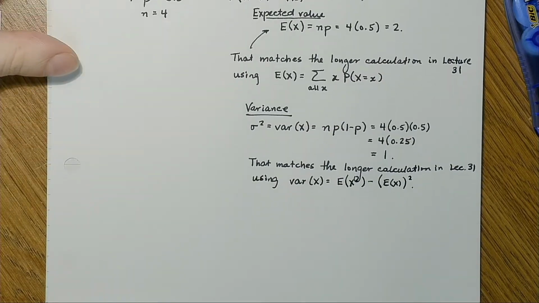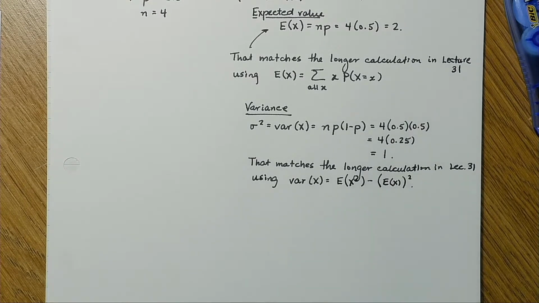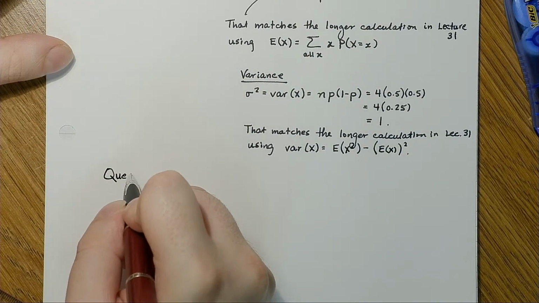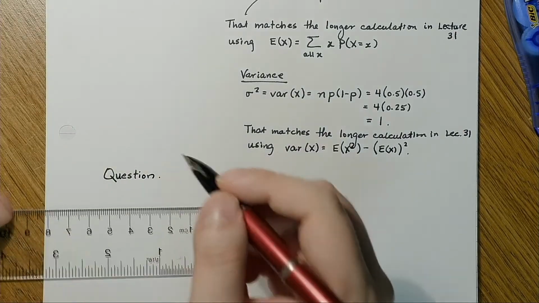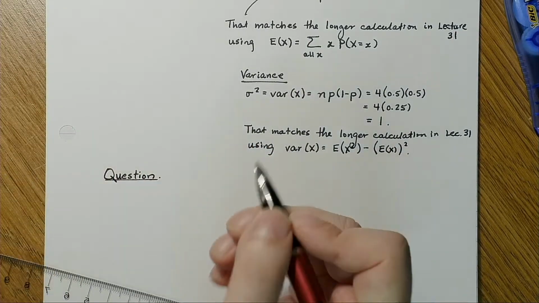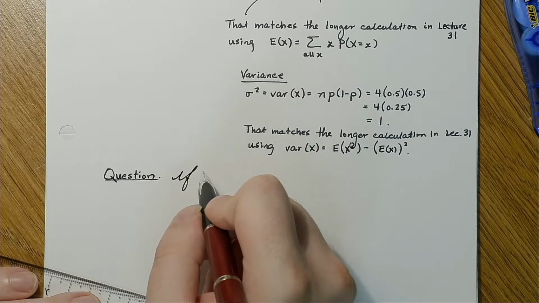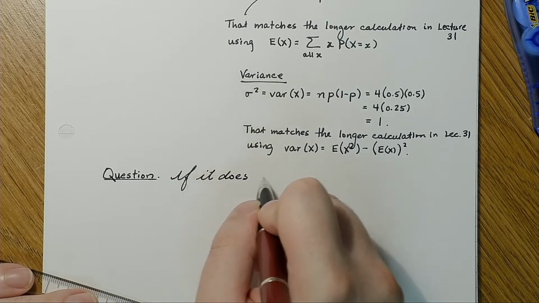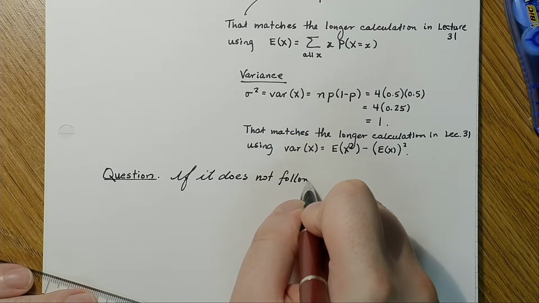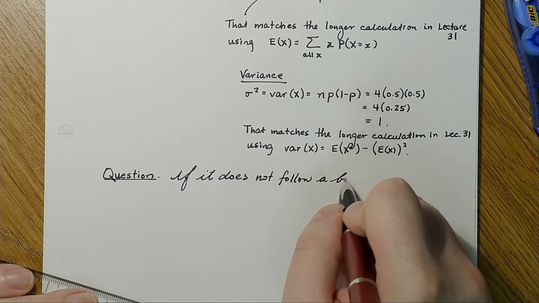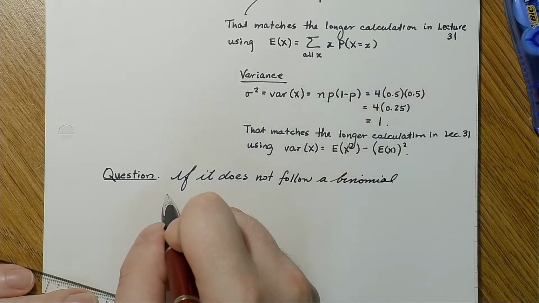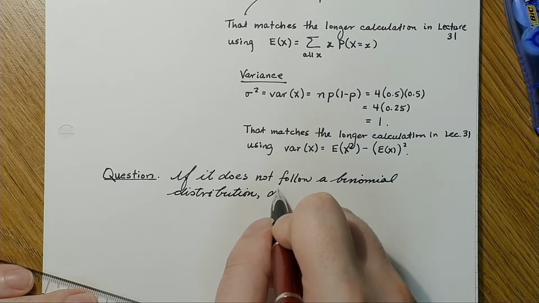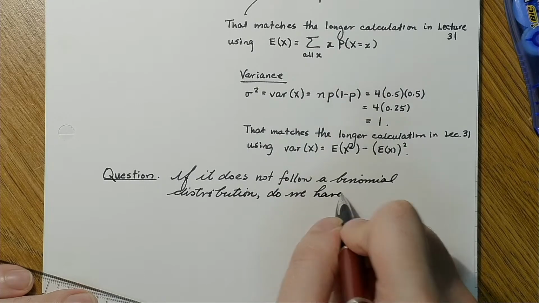Okay, so to get to Stephanie's question, if it does not follow a binomial distribution, do we have to do it the long way?